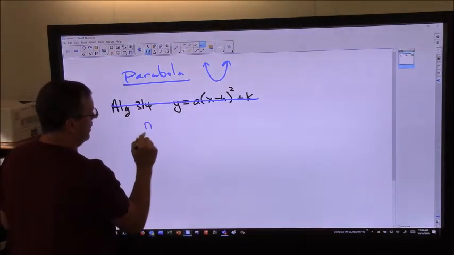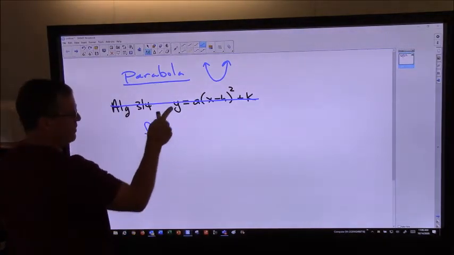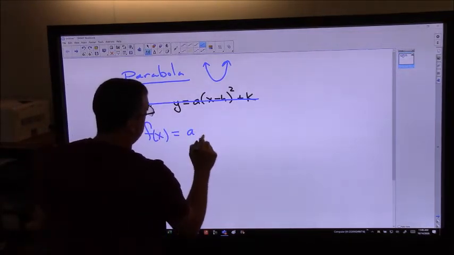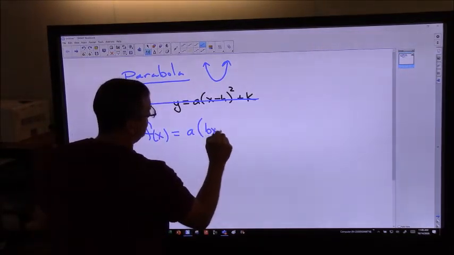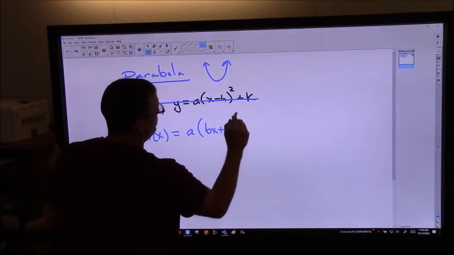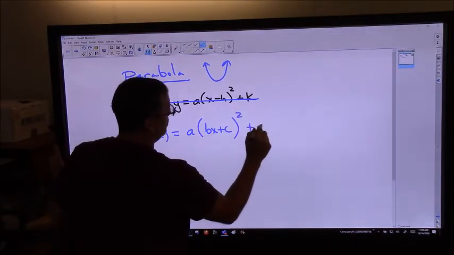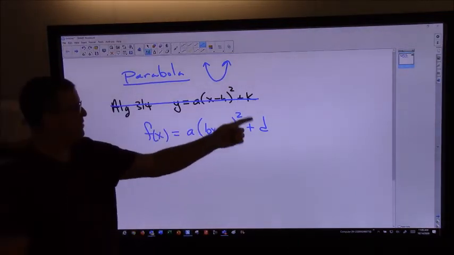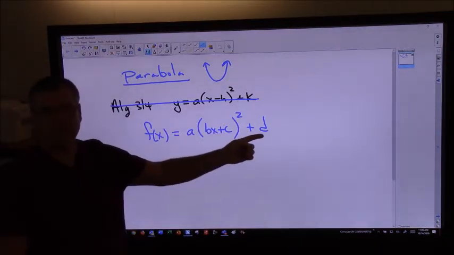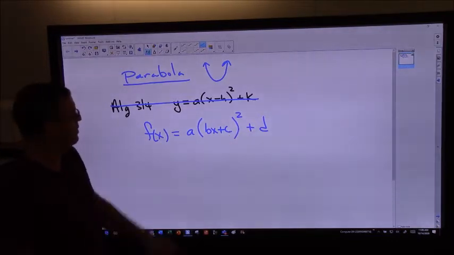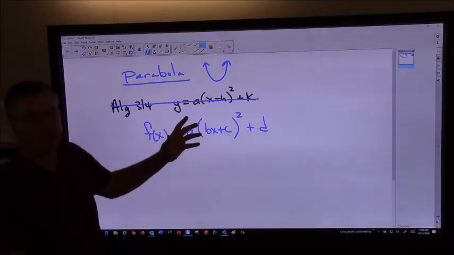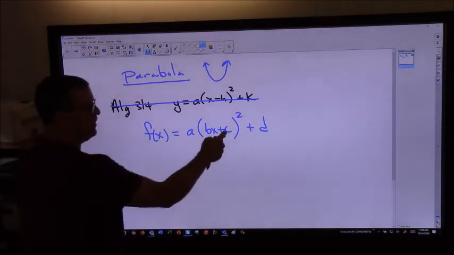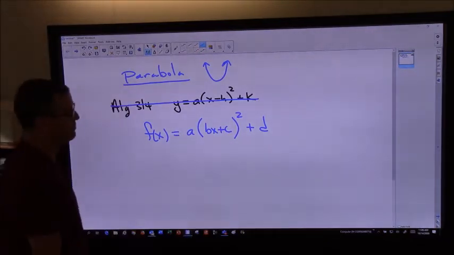This year we're going to say f of x, which means the same as y, equals a times the quantity bx plus c, squared, plus a d value. k and d are the exact same thing. They do the same thing. h and c, again, same thing. They affect the graph the exact same way. I'm just choosing a different letter than what our book last year chose.